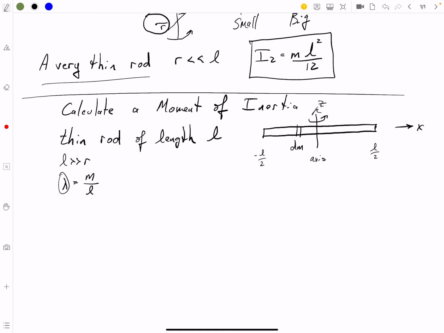That means the mass of the whole thing is equal to lambda times L. And if we want to find dm, then that's just lambda dl, because it's like a density, our linear density.